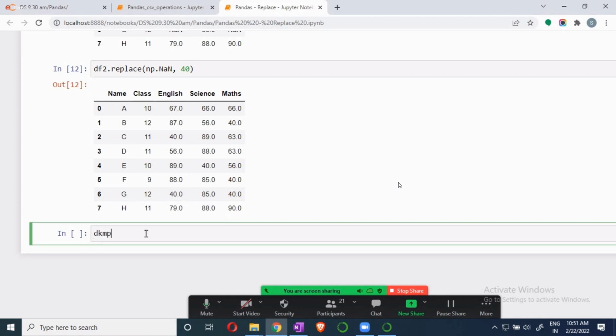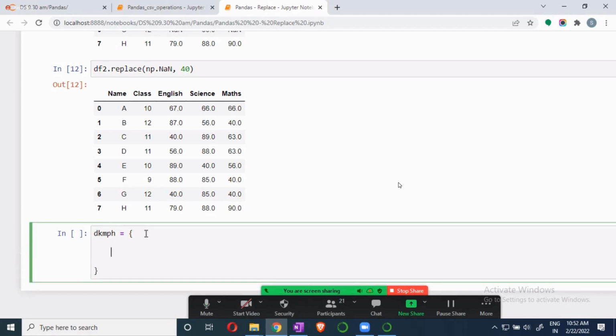I will have a column named product, and in the product I will give TV, mobile, table, chair and cycle. These are the 5 things.